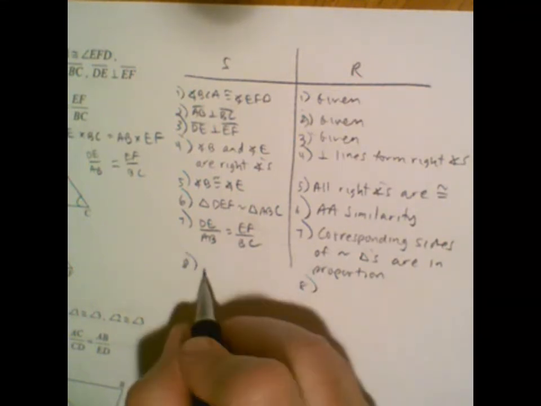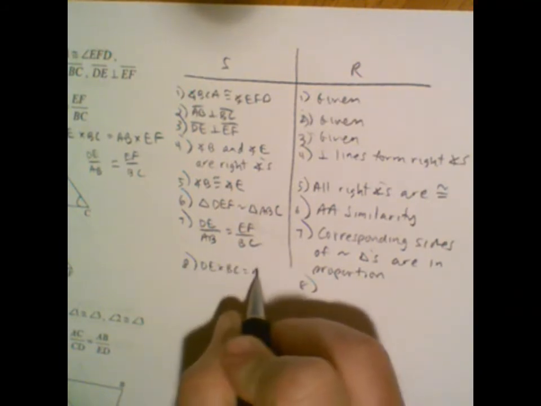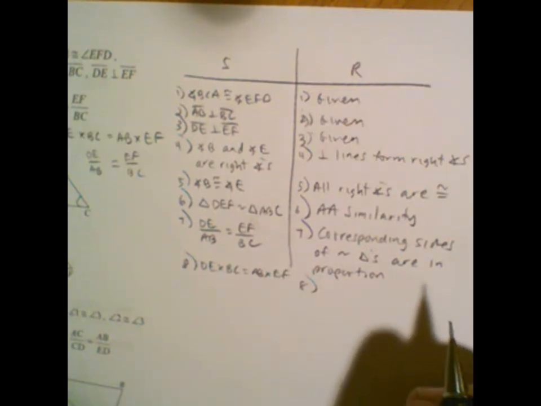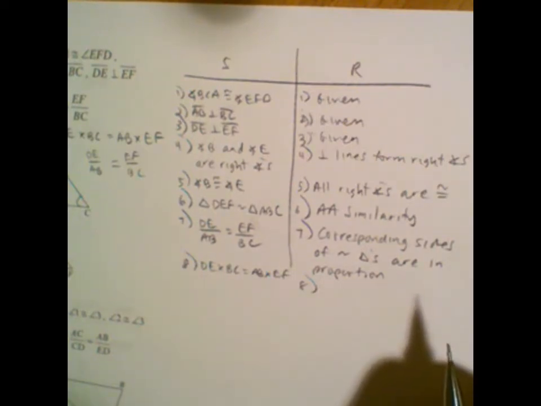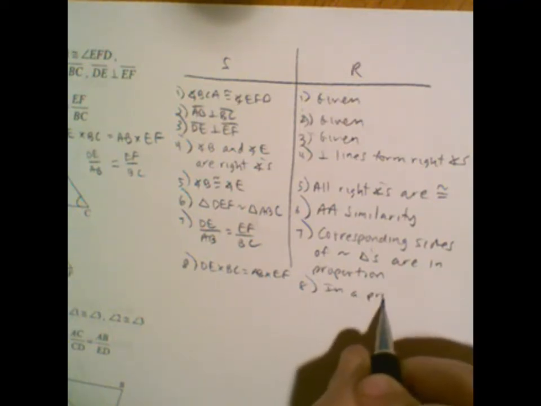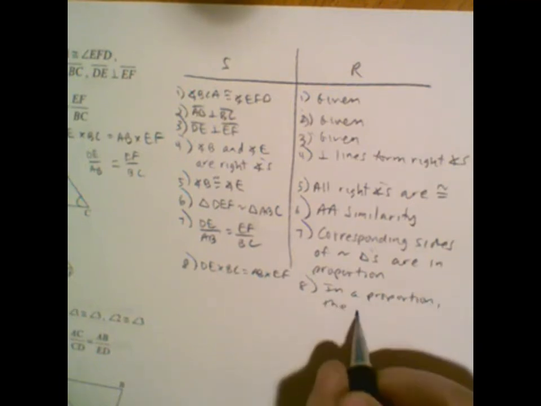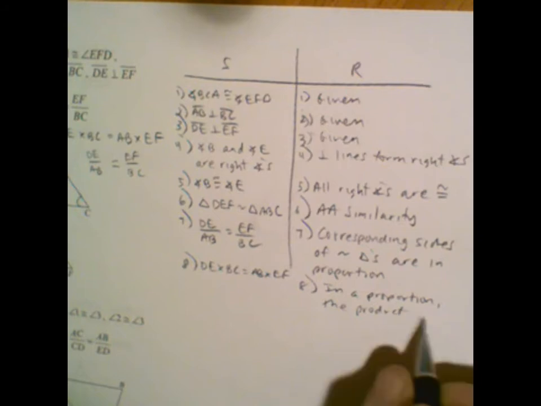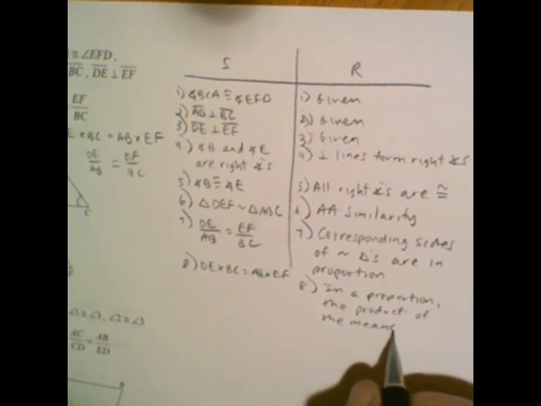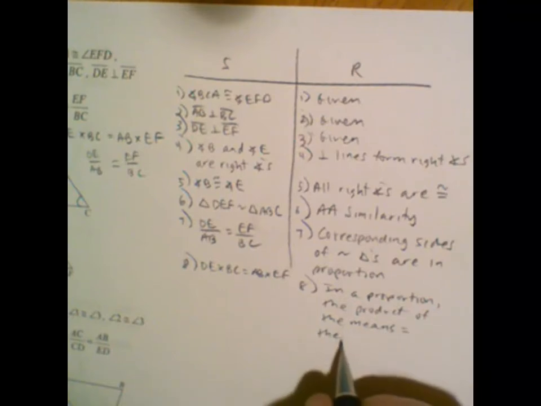And then lastly, I can say DE times BC is equal to AB times EF, because in a proportion, the product of the means equals the product of the extremes.